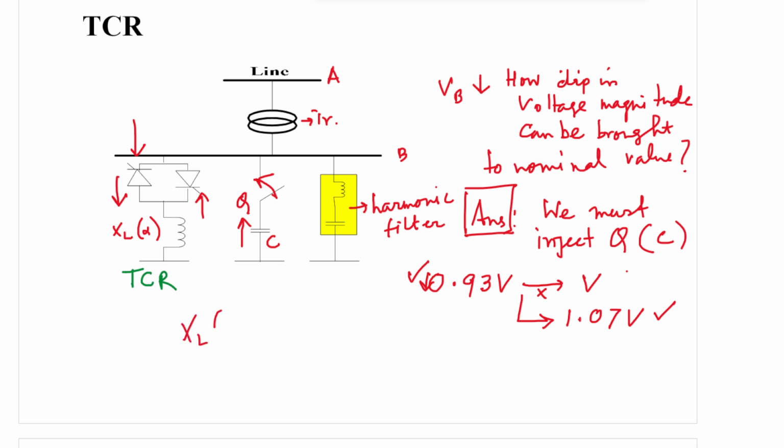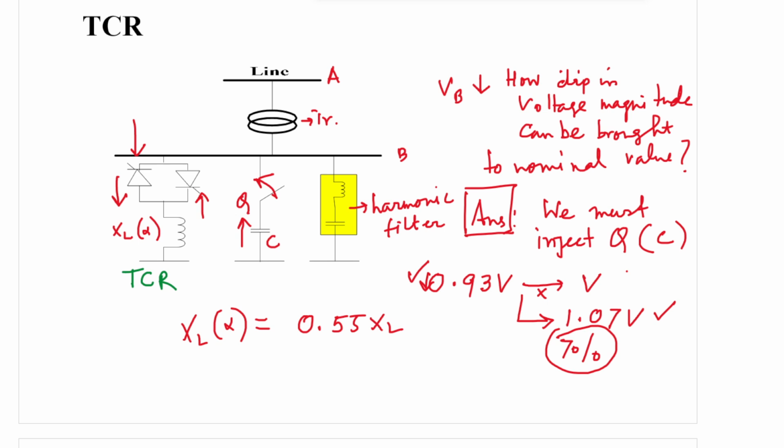Then that appropriate angle of alpha will give some fraction of XL, let us say 0.55 XL. So for this 7% excess voltage, that much amount of reactive power will be absorbed. This is the function of TCR, that is the function of shunt compensation.